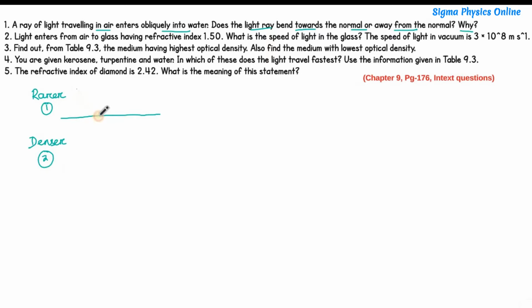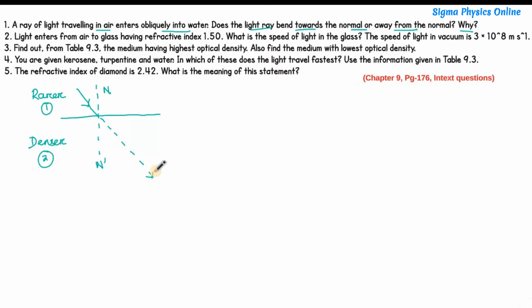Now a light ray is entering obliquely, striking the interface of these two mediums. So let this be the normal N dash. Now when light rays enter from a rarer to a denser medium, initially the light ray was supposed to go straight like this. But because there is a change in the medium and medium 2 is a denser medium, the speed of light slows down in the second medium.